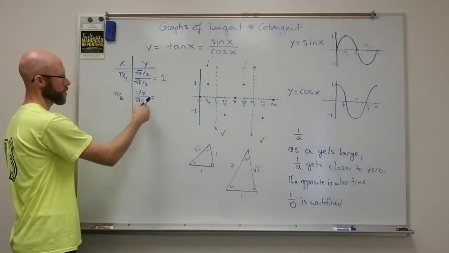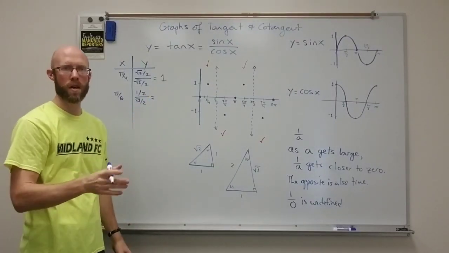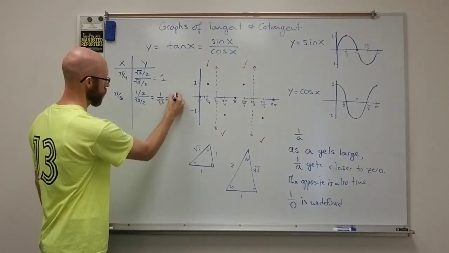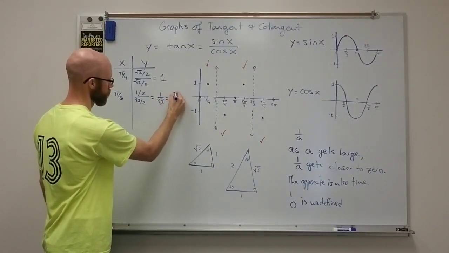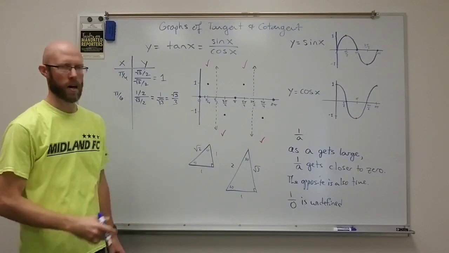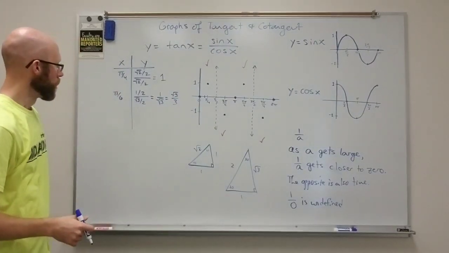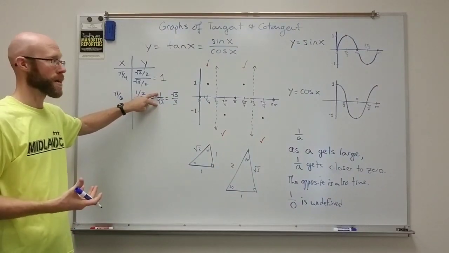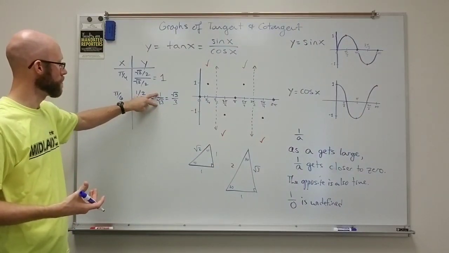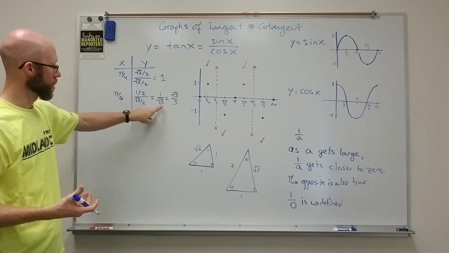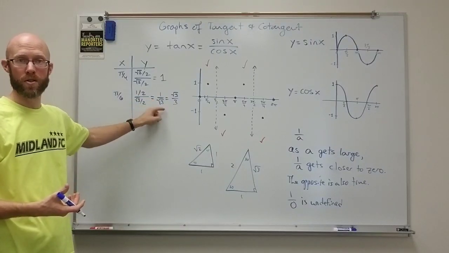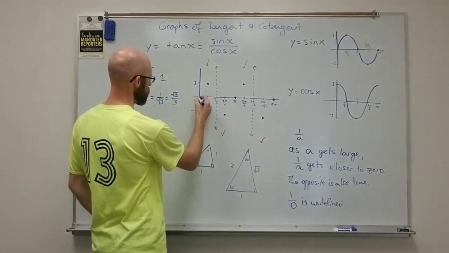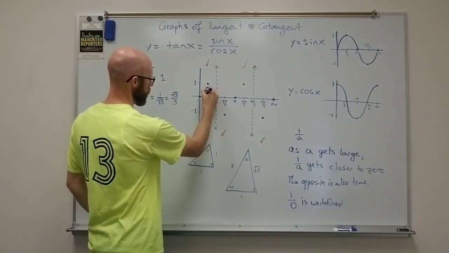And what you end up with, the 2's will cancel. I'm going to skip all the work on this. You're going to end up with 1/√3 or √3/3, however you want to write that. Now that value of 1/√3 is actually going to be less than 1, right? Because the square root of 3 is bigger than 1, so you have a bigger number on the bottom than you do on top. And so that number is going to be down here somewhere.